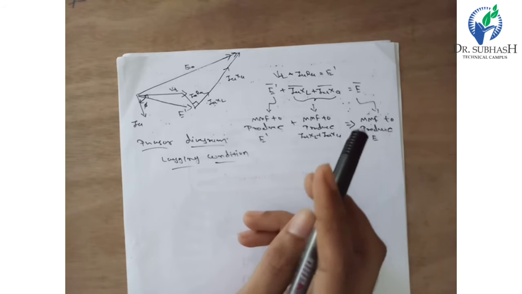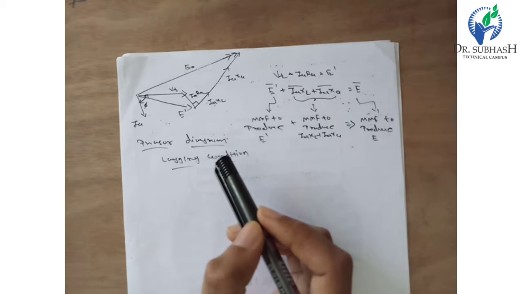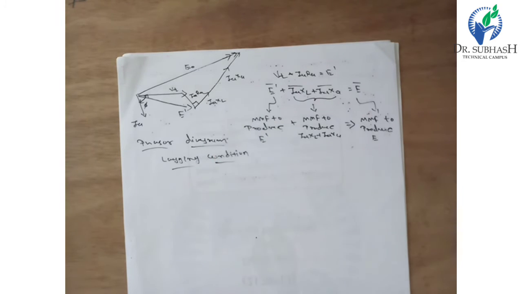So if we develop the MMF diagram, it indicates the MMF required to produce E dash and the MMF required to produce the drop.